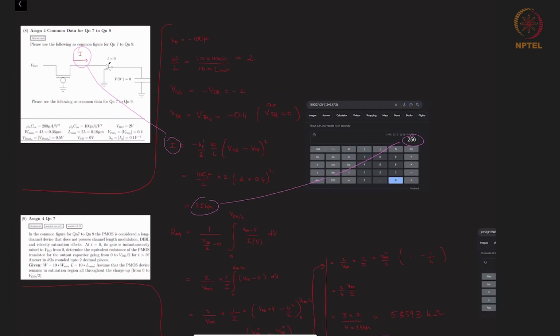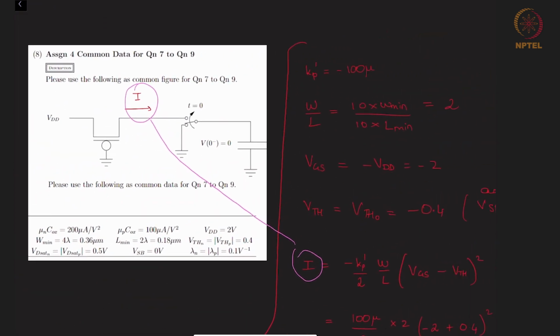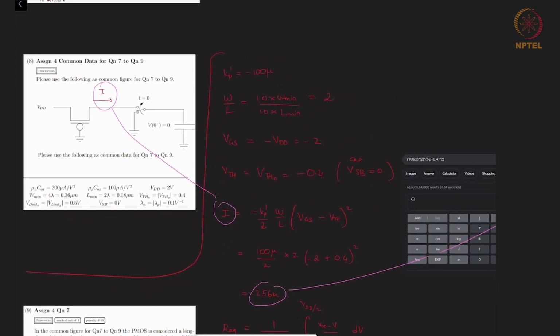First, we work out question 7. Or rather, first, the premise, that is the setup of the question: you have to find the equivalent resistance of this PMOS device that's charging up a capacitor from 0 to VDD. You're given all these facts about the W by L, KP, the VGS, VTH and all that.